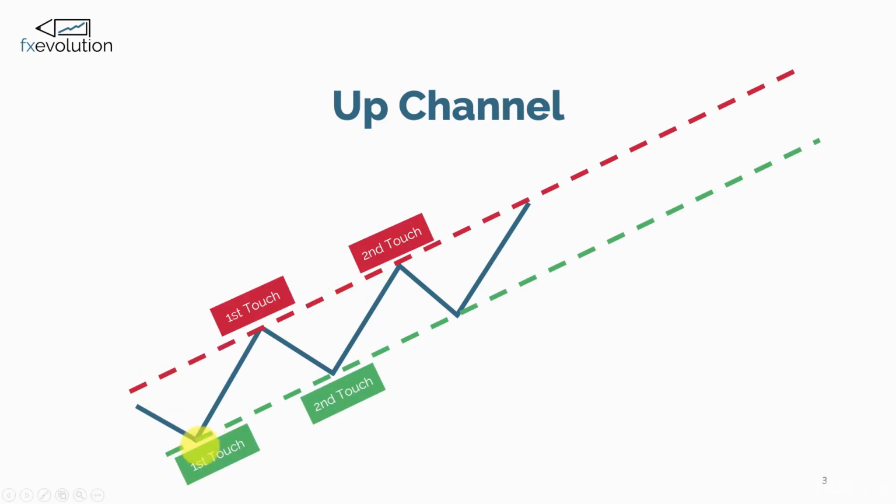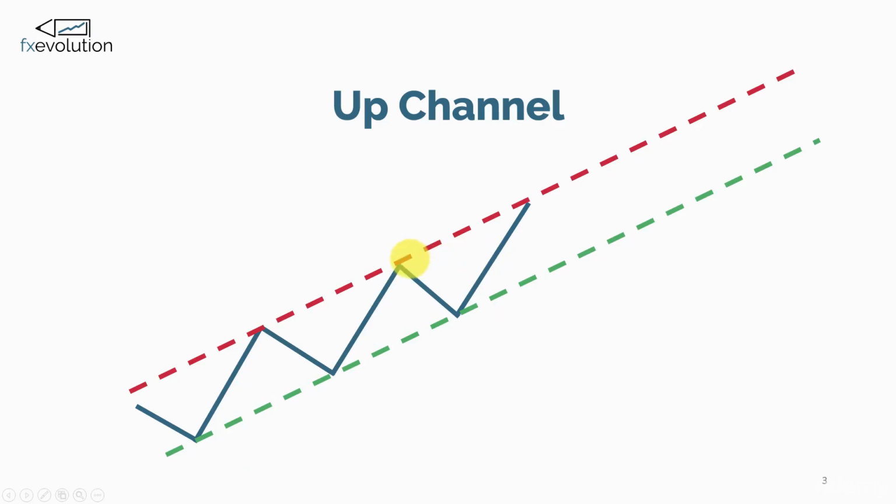Here we can see that we've got our first touch areas and our second touch areas, and at the second touch, once price breaks a new high here, we can now validate this channel. So the channel is valid after the second touches and price makes a new high above the previous peak.